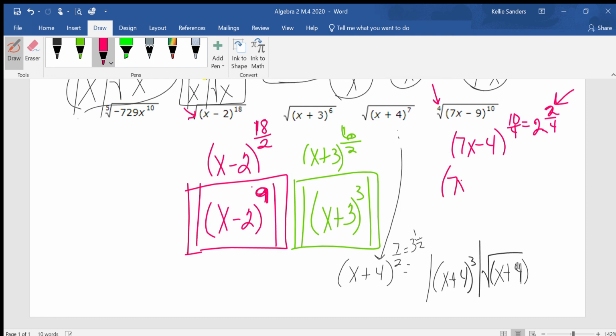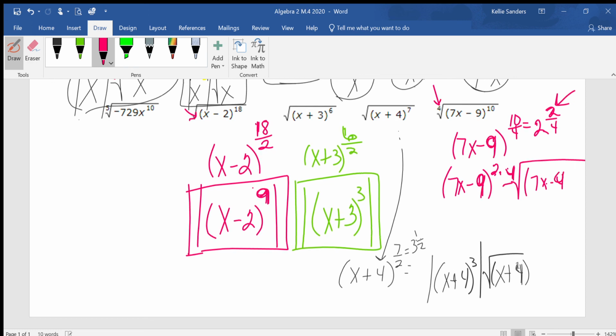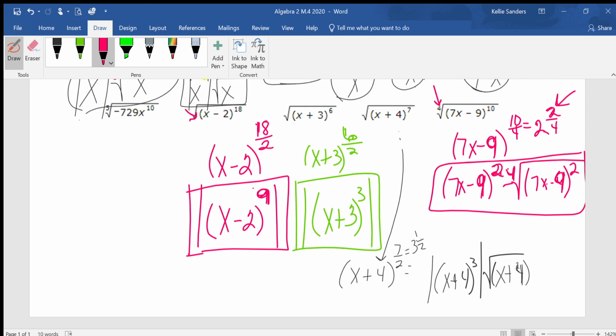So 7x minus 4 squared goes to the outside. The 4th root stays. 7x minus, oh, that's a 9, isn't it? Where did I get the 4? And 2 is still there. Since this 2 is 2, we don't have to worry about it.